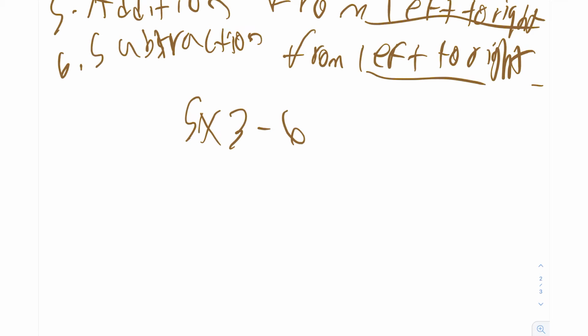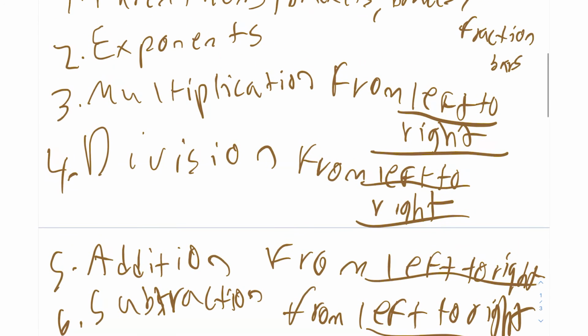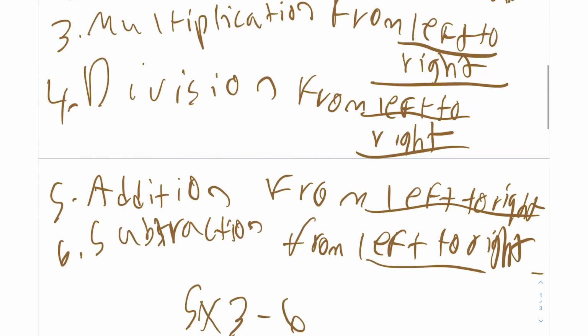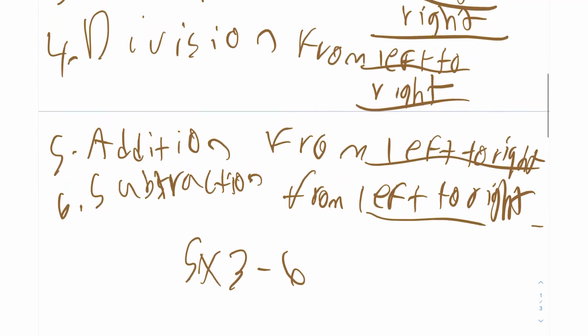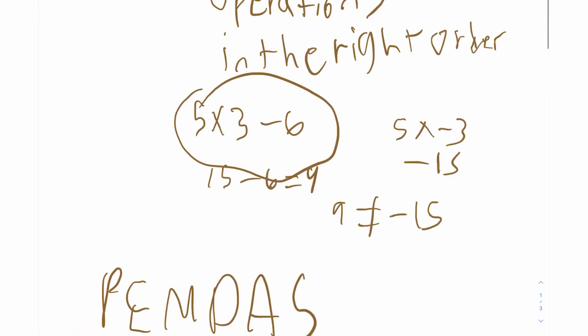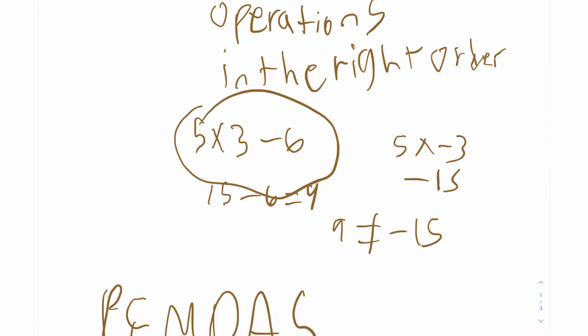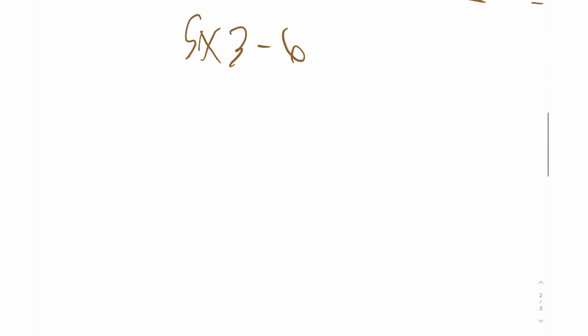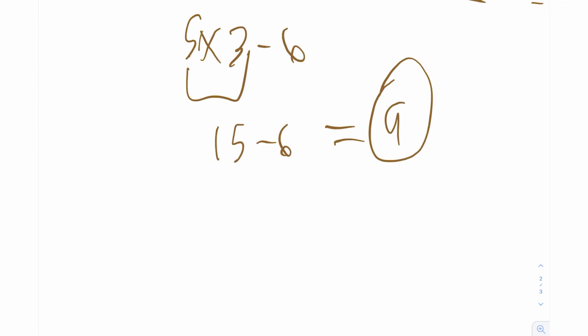According to PEMDAS, it says that multiplication is before subtraction, which means that we're supposed to do multiplication first. So this clears up the complexity we had before, right? Because we weren't sure before whether we would have to do multiplication or subtraction first. But PEMDAS gives us that answer. So we have to do this first, multiplication. So it's 15 minus 6, so the real answer is 9.